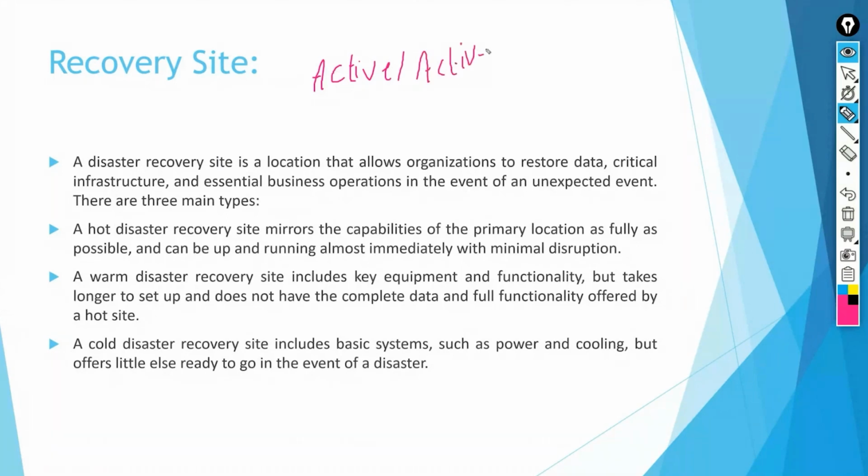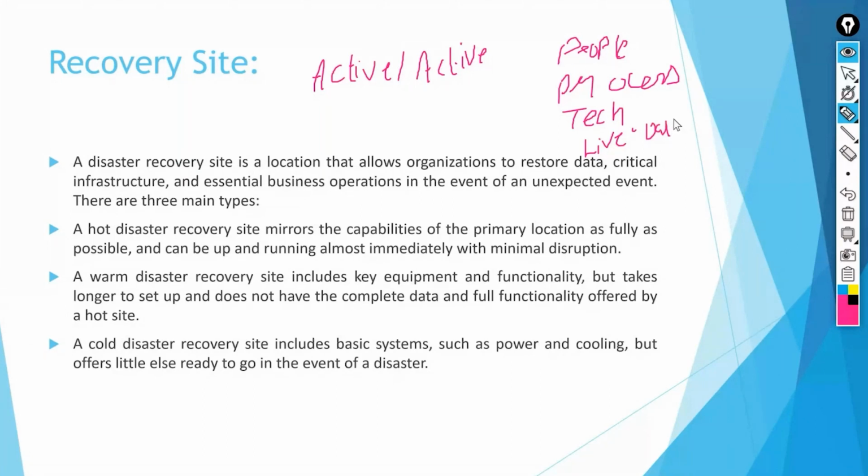Normally, if you want to restore the functionality within minutes, in a mirror site we have people, process, and technology, along with the live data. All these are replicated between the primary and the active/active node.